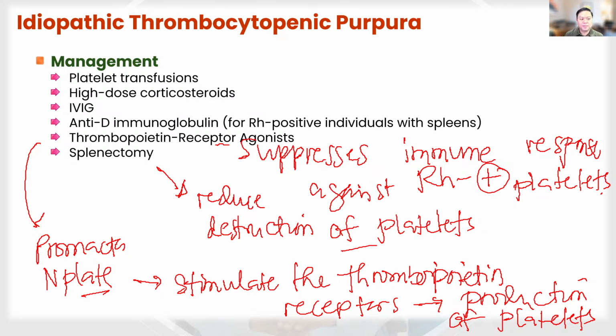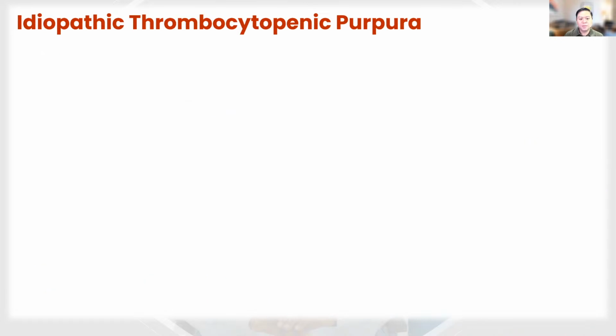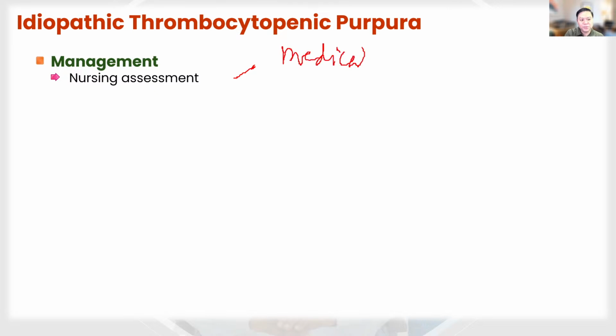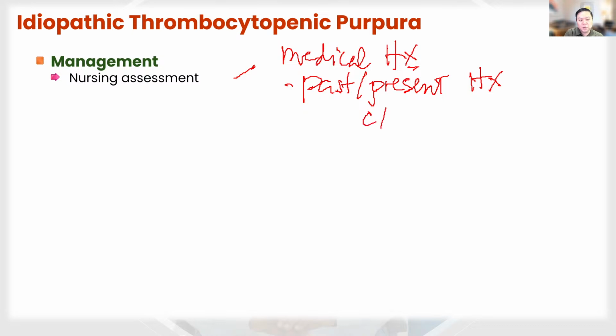Now let's talk about the nursing actions that will be needed for this patient with an ITP. So again, we will start with the assessment. We're going to make sure that we are thoroughly investigating the patient's medical history. We need to have at least a complete medical history of our patient, past and present, and also their chief complaint.